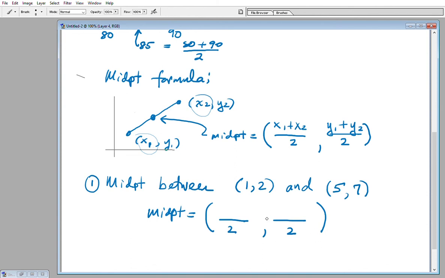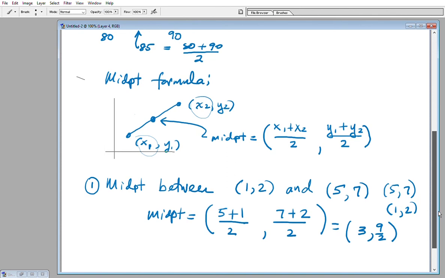Then just take your x's and your y's. Again, it's good to line up your points so that we match up the x's and the y's. It doesn't matter which is on top. Make sure you put the x's first, and the y's second. And that's it basically. This is 6 over 2, 3, and this is 9 over 2, so we just leave it like that. So the midpoint formula, pretty simple, just a matter of remembering it. All right?